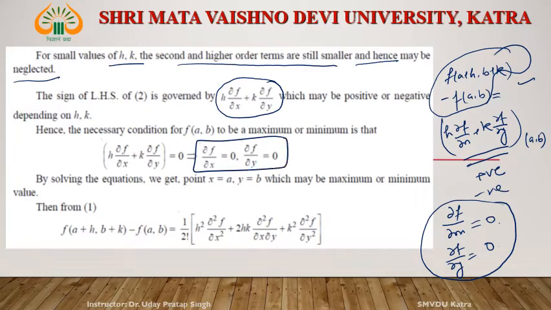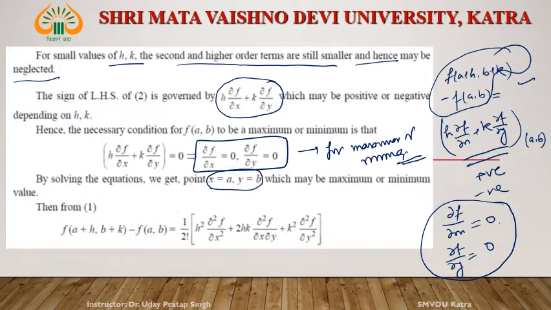For maxima or minima at any point, the first order partial derivative of a function is 0. Then solve this, we got x is equal to ab.